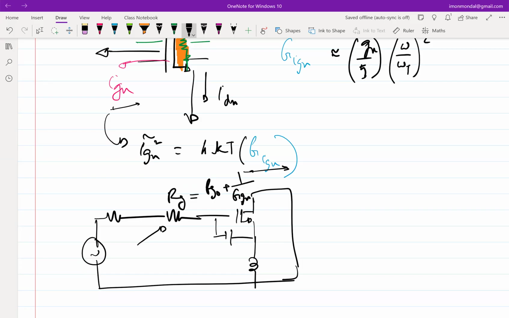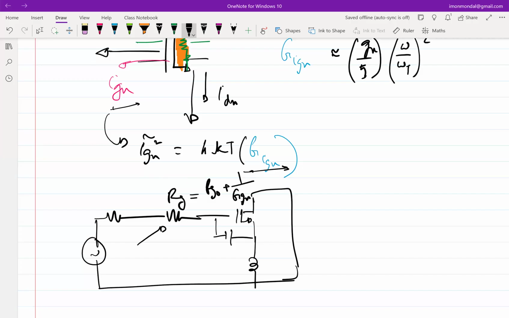Even if you are able to reduce the physical resistance associated with the rest of the stuff, this is fundamental. This will be there because it comes with a MOSFET. And if you are trying to be too cute and say that I want to save power, which means I am reducing GM, then this guy is going to dominate.